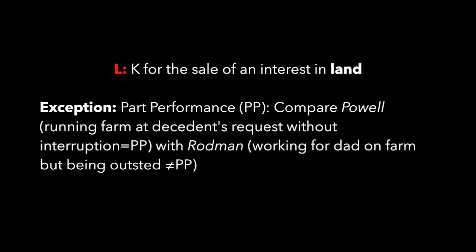Powell's an example of a case where the promise was enforceable. Rodman, by contrast, is an example of a case where it wasn't. Those are in the notes. We'll discuss those. That's M, that's O, that's L.